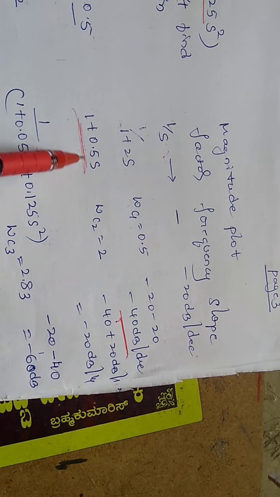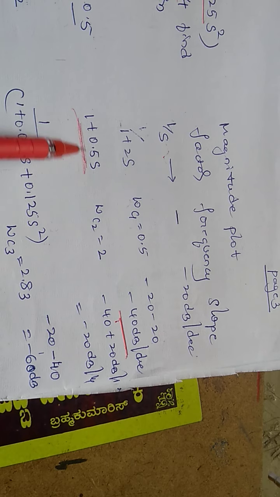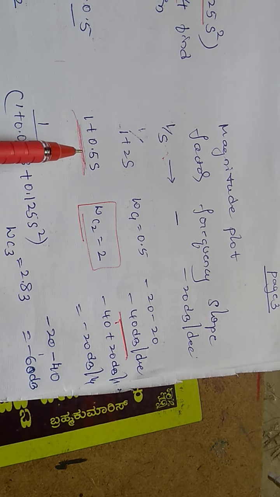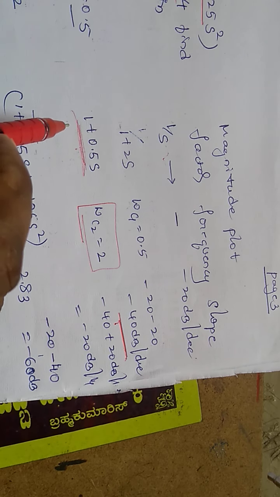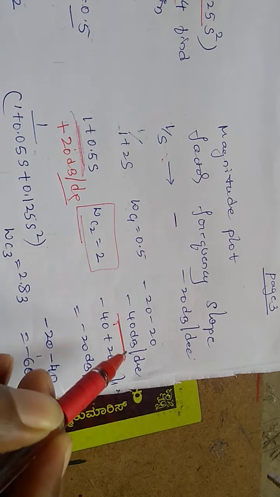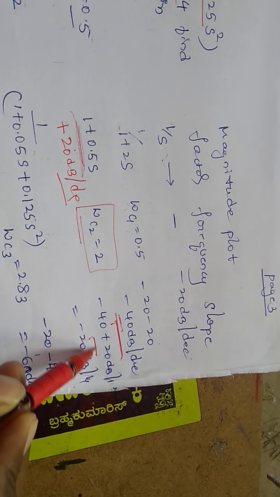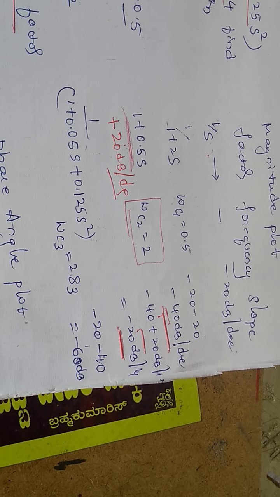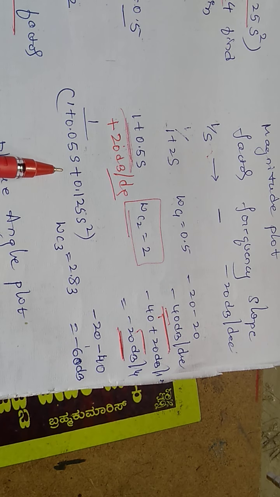Then the next factor is the numerator factor. For the numerator factor, the corner frequency is 2. Numerator factor means the slope starts from plus 20 dB per decade. Previously it is minus 40; adding plus 20, you get minus 20 dB per decade. Next is 1 over the quadratic term.